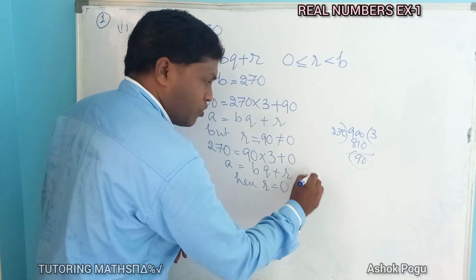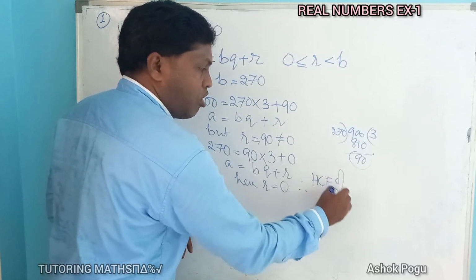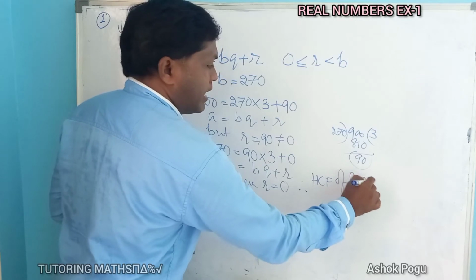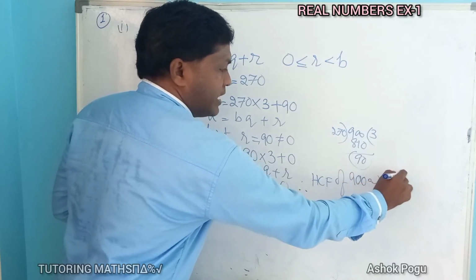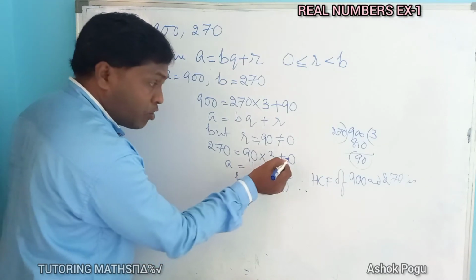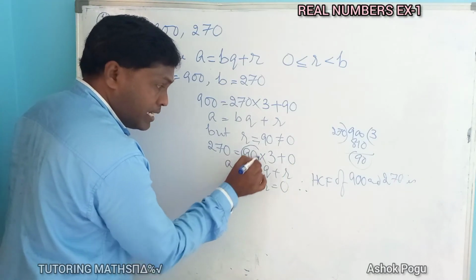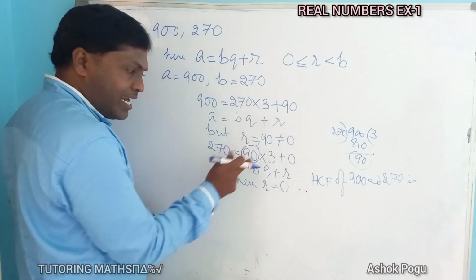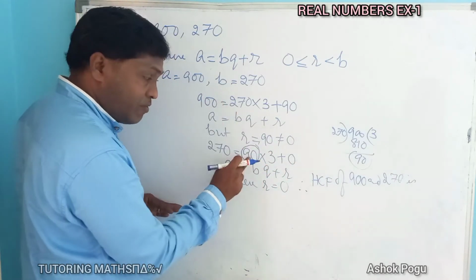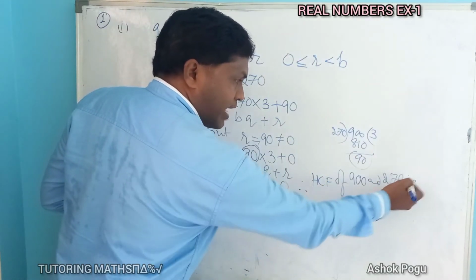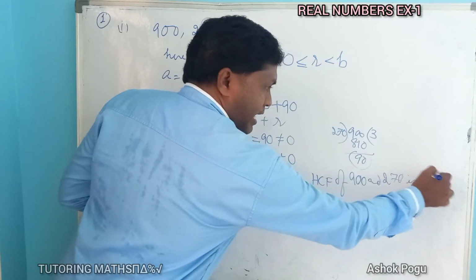So therefore the HCF of 900 and 270 is, when did we get 0? We have got remainder 0 by dividing by 90. When you divide by 90, the final divisor, in the final step, what would be the divisor? 90 is the divisor. So therefore the HCF of 900 and 270 is 90.